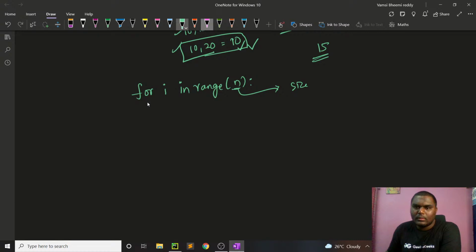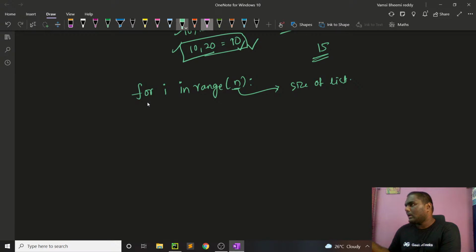Now from the next day onwards, I can sell the stock. When I say the next day onwards, it would be i plus 1. So for j in range of i plus 1 until, where can I check?